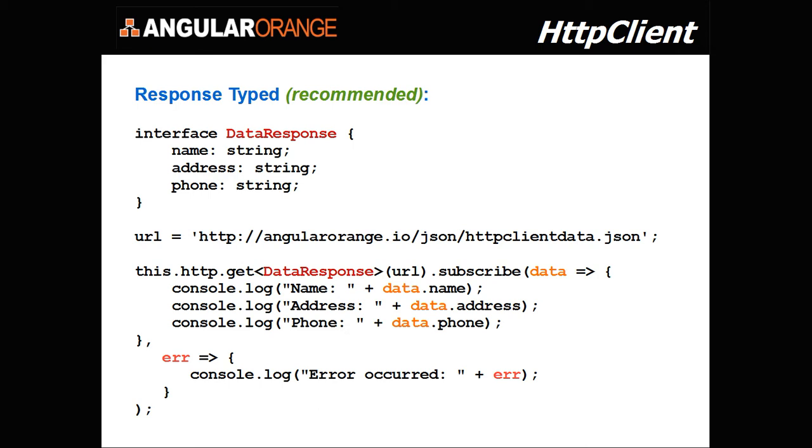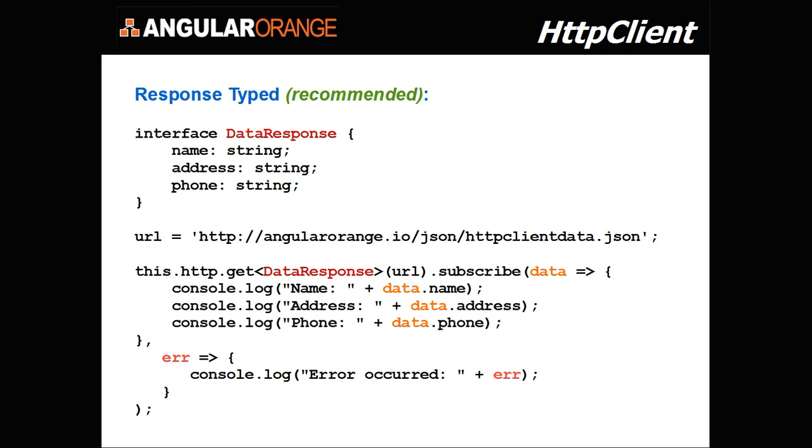When you do that and you subscribe, we use the fat arrow operator to get the response data. In that case, we can do a data.name, data.address, data.phone, and log that because we know what the type is, and TypeScript will not give us a compile error. So response types are important.